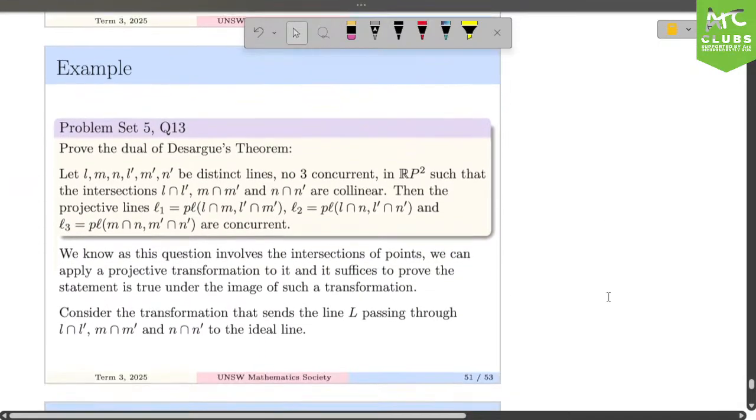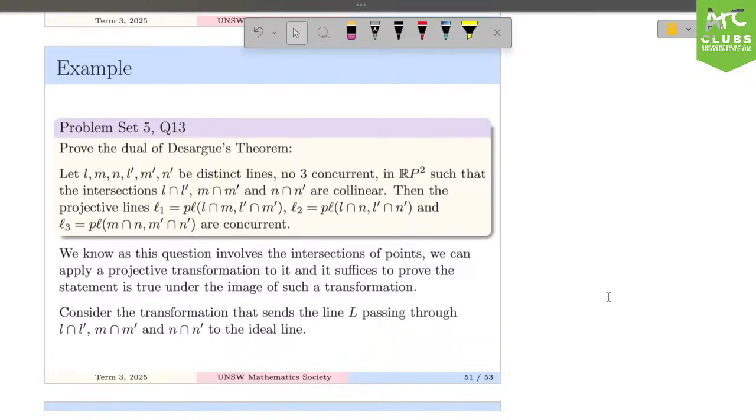Alright, now we are going to move on to the most bizarre example of the projective plane path, which is proving the dual of Desargues' theorem. So, this is going to involve a lot of lines.